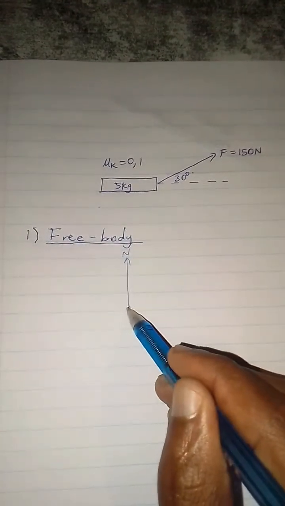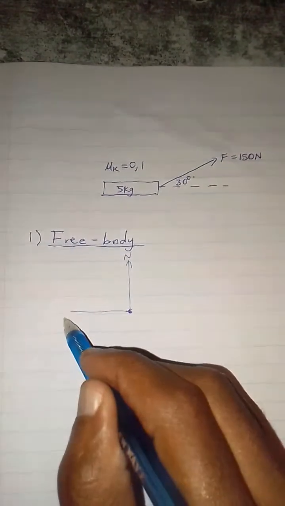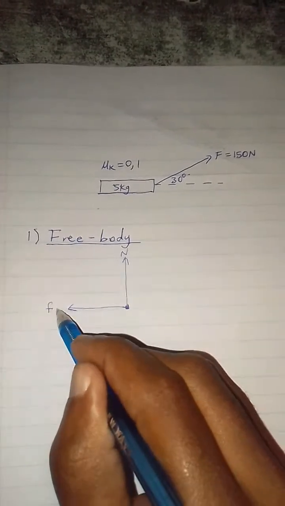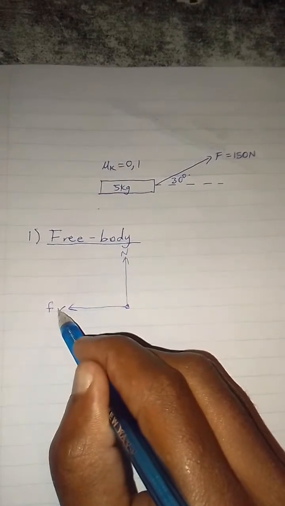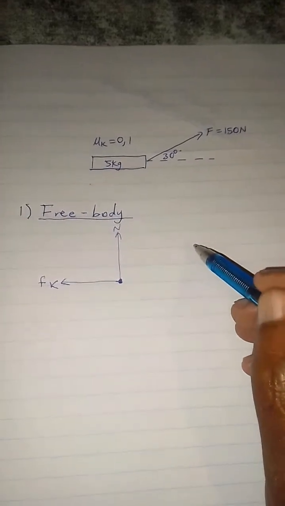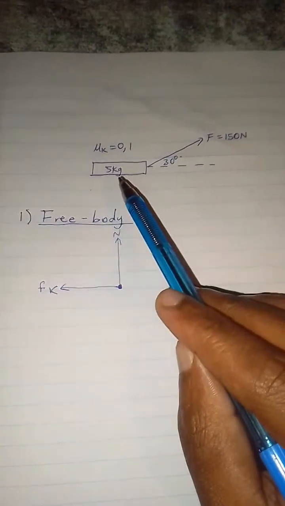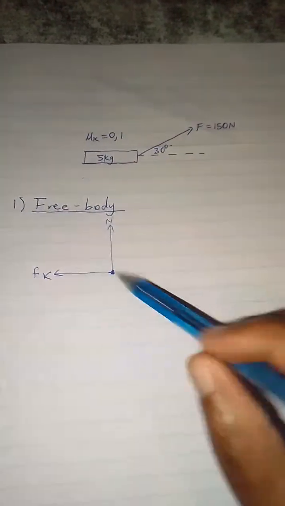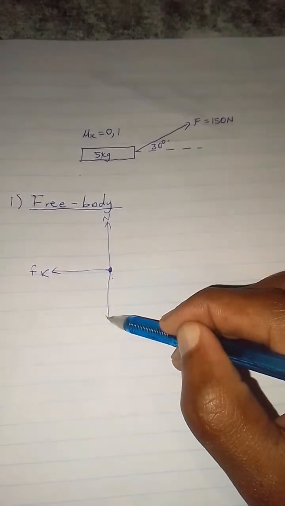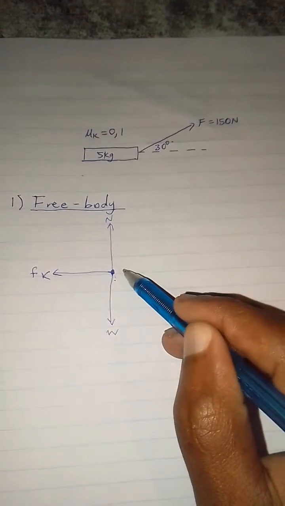We're going to have a kinetic friction since it has a mu k, so a kinetic friction pointing to the left. As you know, kinetic friction opposes the motion of an object. This object is going to the right, so our frictional force will point to the left. Then we're also going to have W, or weight.